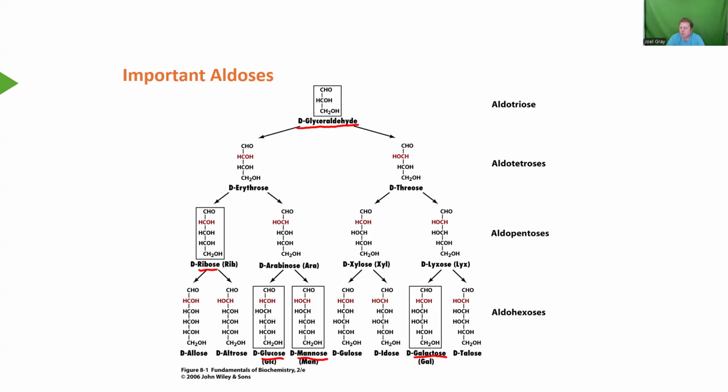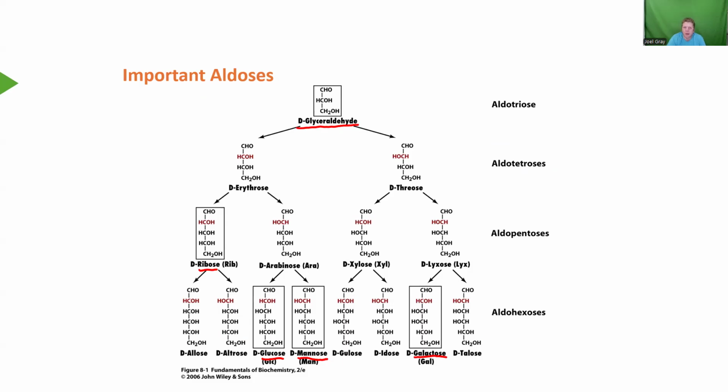Okay, these are ones that I will give you test questions over. The reason that I'm going to give you test questions where I ask you, what is this sugar, is because these are the most physiologically or biologically relevant sugars.